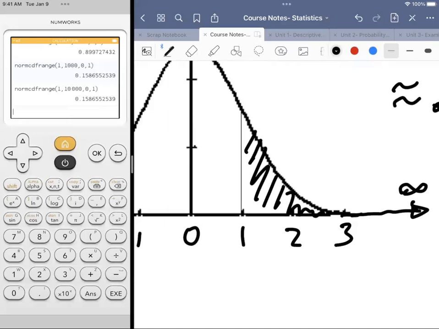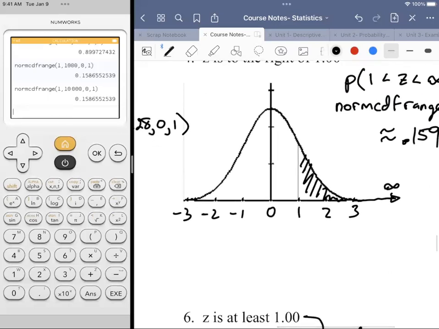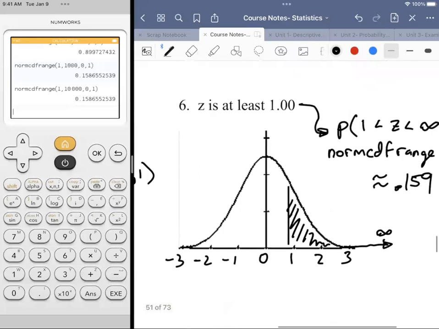If I wanted to figure out the area under the curve at precisely 1, I wouldn't be able to do that without incorporating limits. But I could technically come up with something. But if I want the area to the right of it, and I'm saying that I want it to be at least, I'm really saying the same thing. Because we could never actually include the area at a particular number.